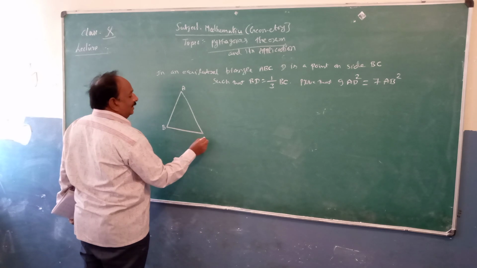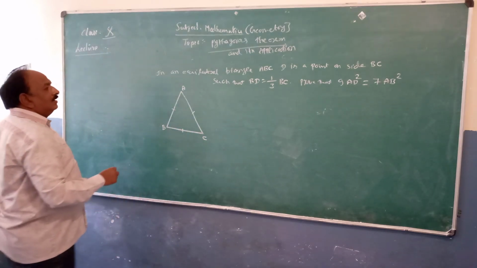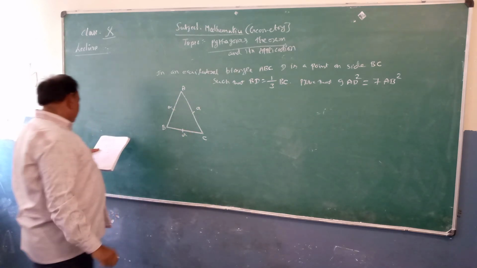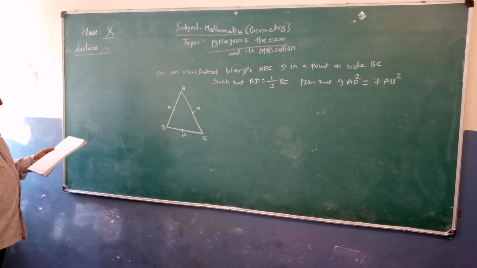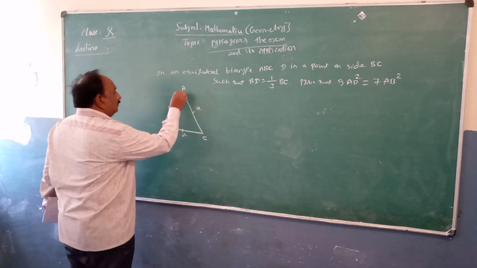ABC is an equilateral triangle. You know, all sides are equal. Call each side A. D is a point on the side BC such that BD is equal to 1 by 3 BC.